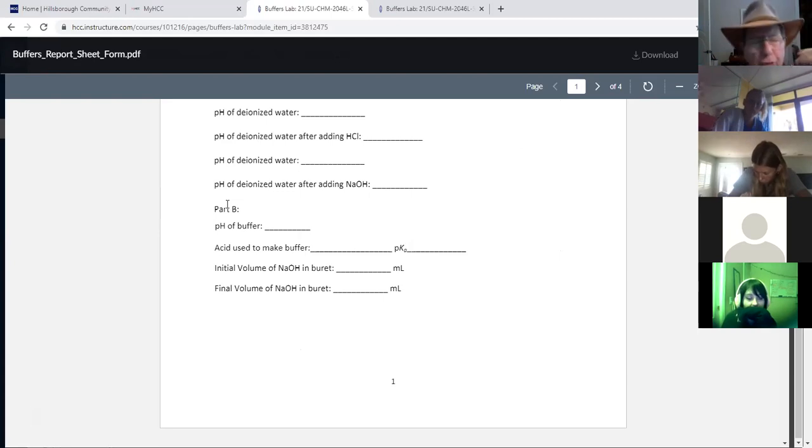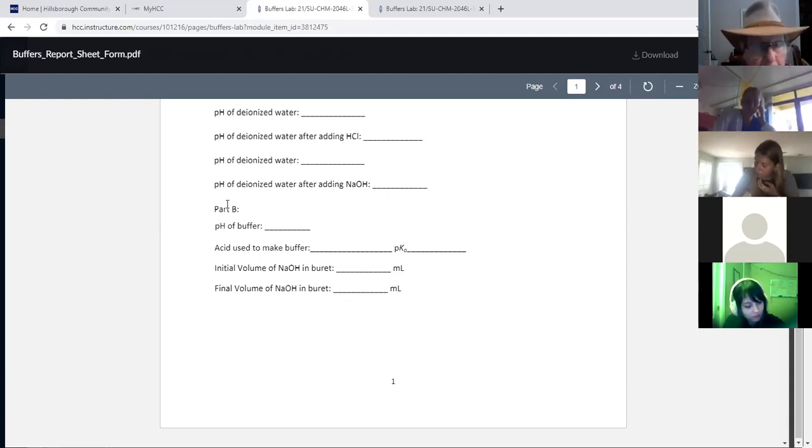It may or may not tell you what the Ka is, but that's easy enough to change Ka to pKa. If you're not given it, you should be able to Google the Ka of the weak acid. If that doesn't work, try the appendix in the back of your book. The appendix has the buffers.